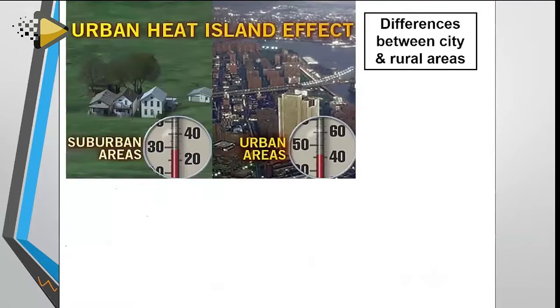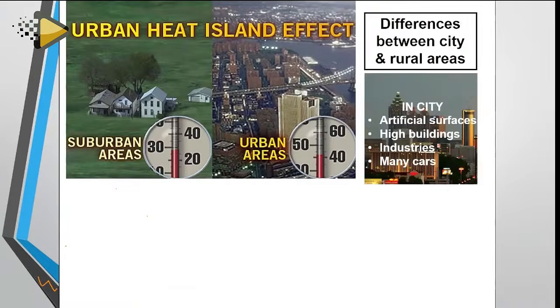Now, next topic, we're looking at urban heat island. So it's very important for you to be able to define what an urban heat island is. Urban heat island refers to a warm urban area surrounded by cooler rural areas. So you must be able to define it, and you must also be able to state why temperatures are higher in the cities than in rural areas.